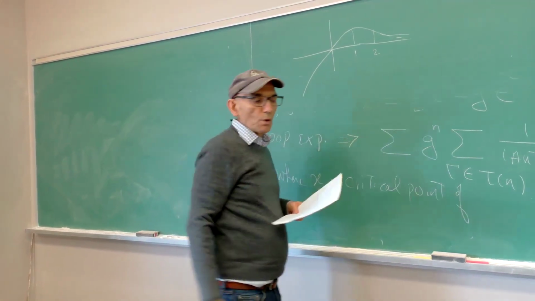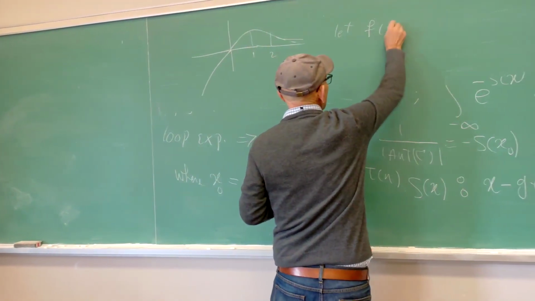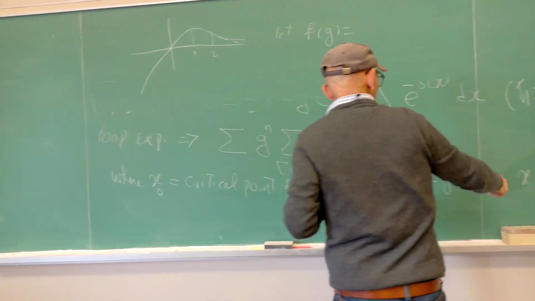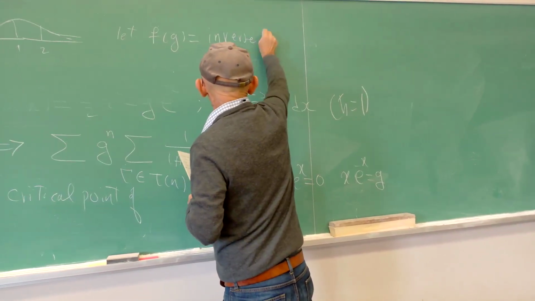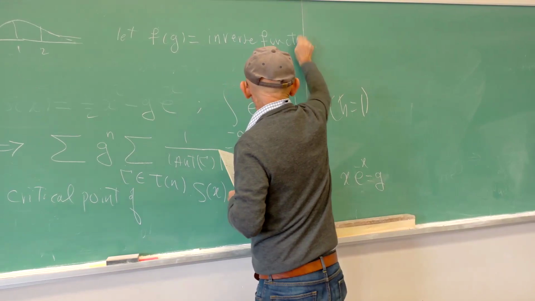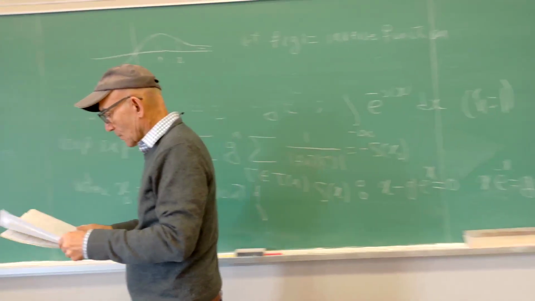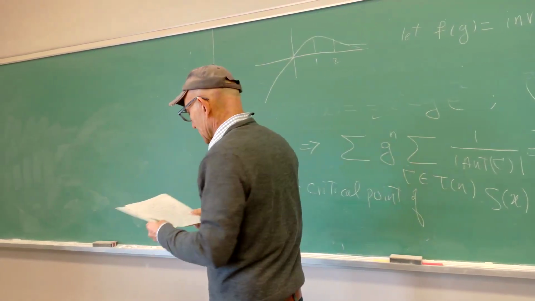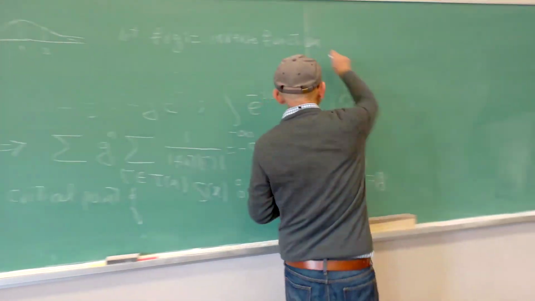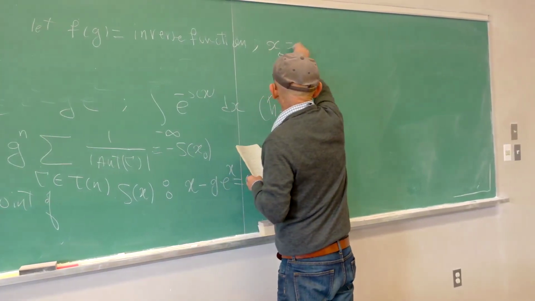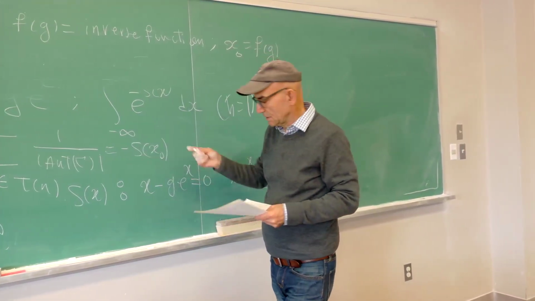And then we just let f of g be equal to the inverse function. So then what we have is that x0 is equal to f of g, the solution of this equation, which depends on g.